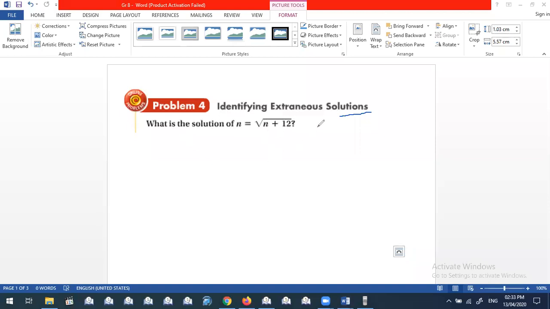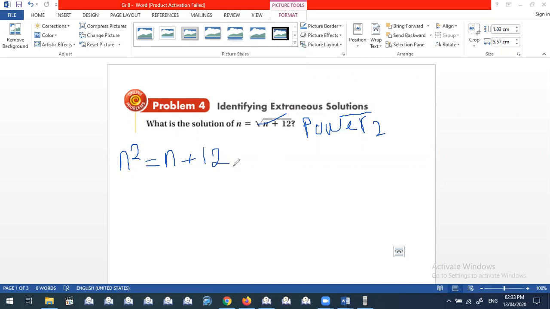So what are we going to do? Yes, power 2, for both sides, n power 2. And if we square, we are going to finish the square root, equals n plus 12.